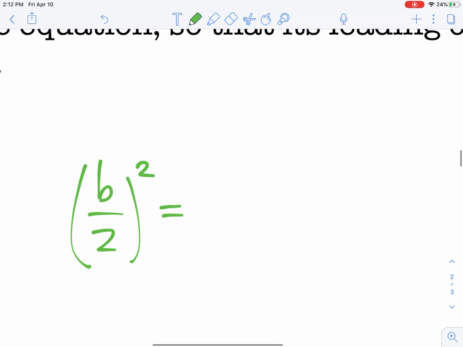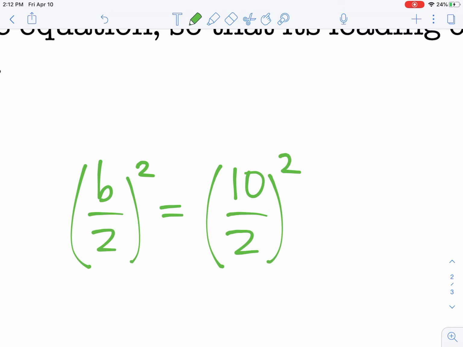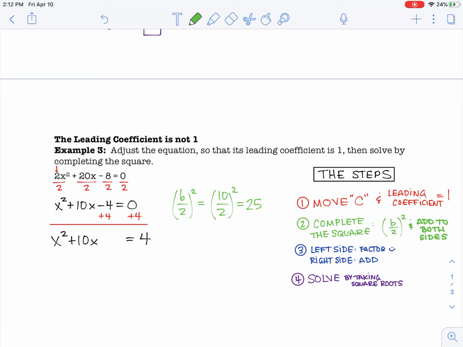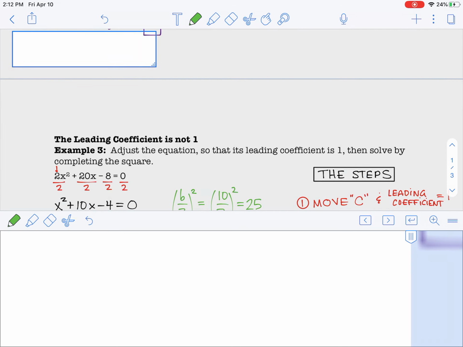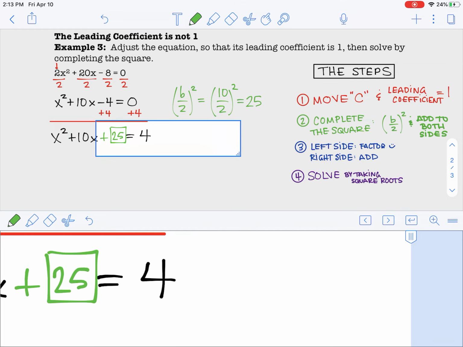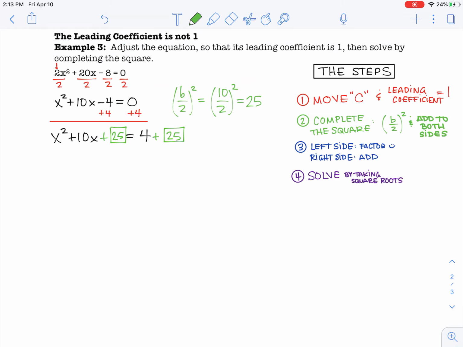So 10 divided by 2 squared should give us 25. So we go ahead and add that to both sides. Now you don't have to put the little box. I like to put the little boxes as a reminder that something is happening on both sides, and that's where that value is that we've added in.